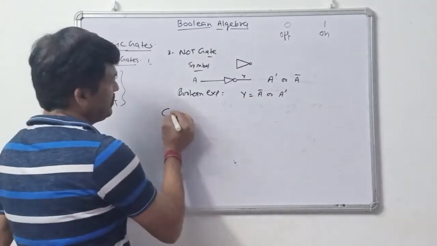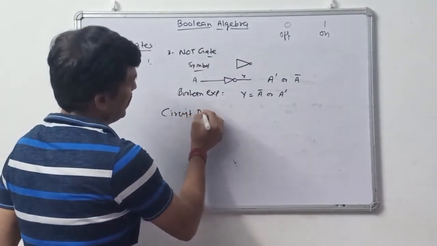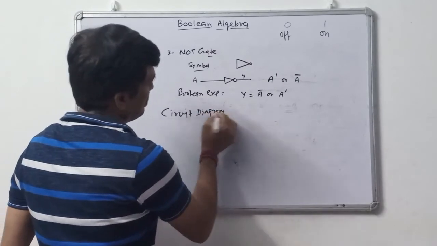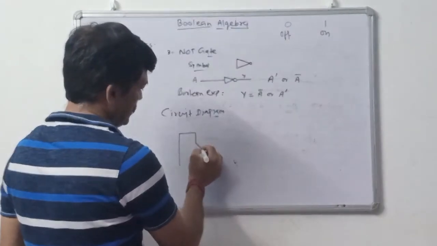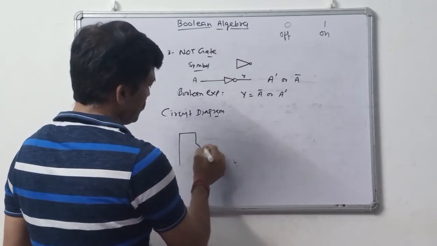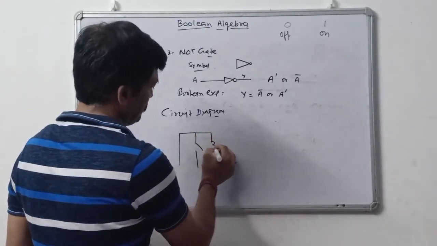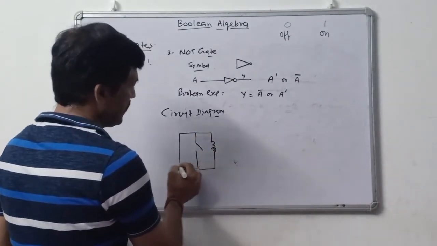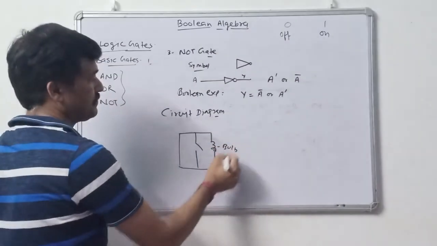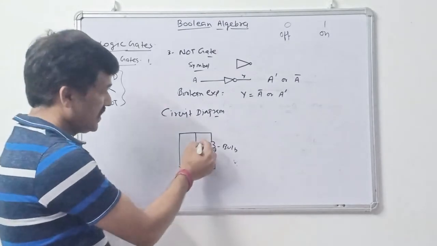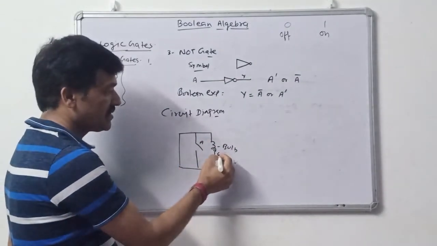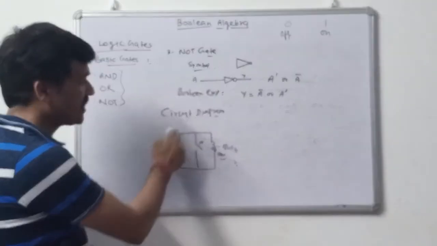The circuit diagram, if we create, suppose here is a switch, and this is a bulb placed. This bulb is on now because the current passes there.